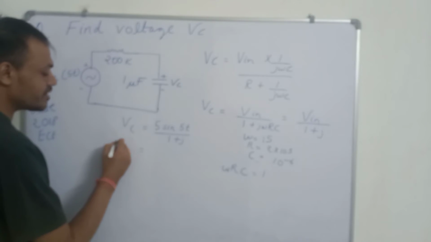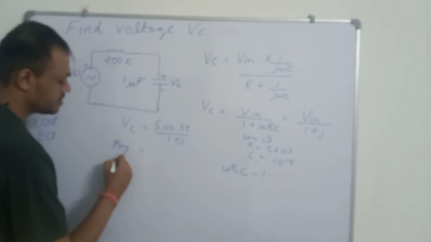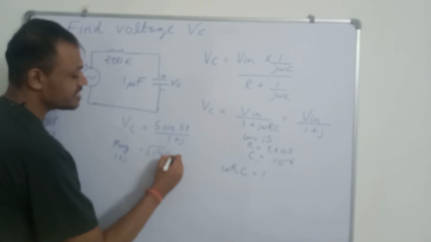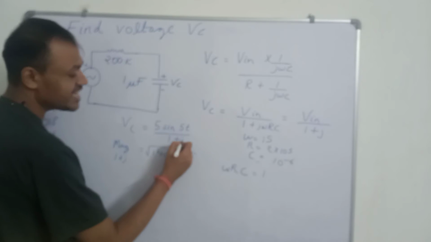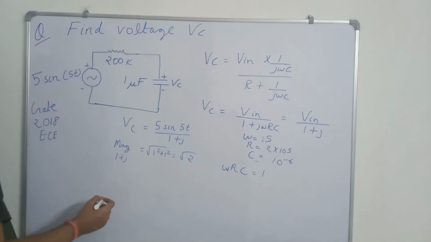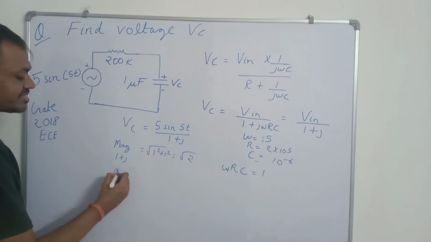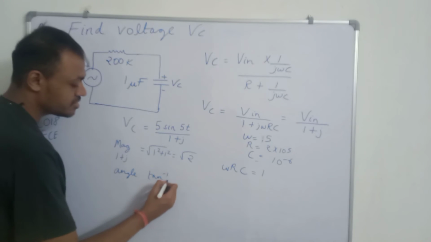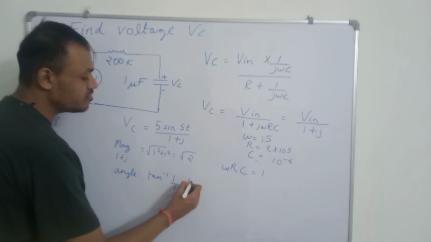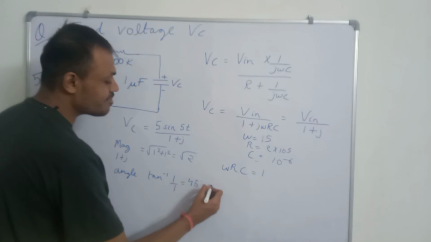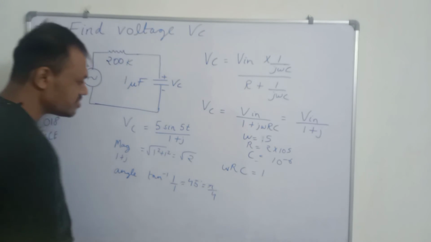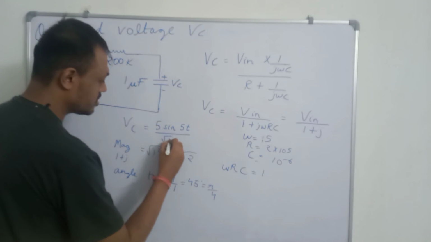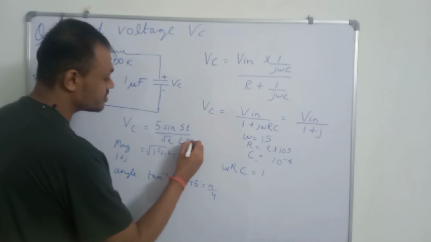The magnitude of 1 plus j is under root of 1 square plus 1 square, which is equal to under root of 2, because the j coefficient is 1. Its angle is tan inverse of 1 upon 1, which is equal to 45 degrees, which is equal to pi by 4. So 1 plus j is root 2 with angle pi by 4.